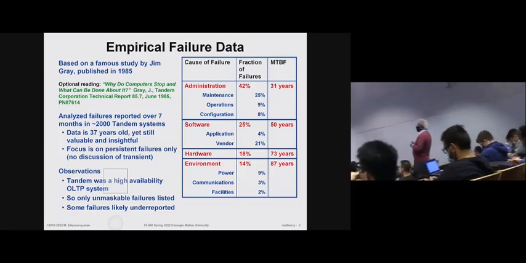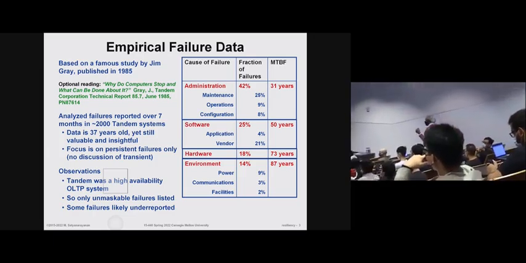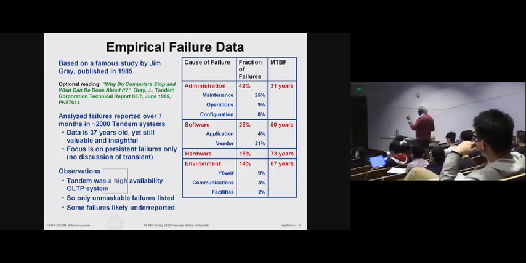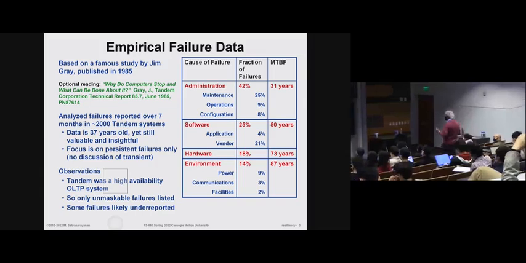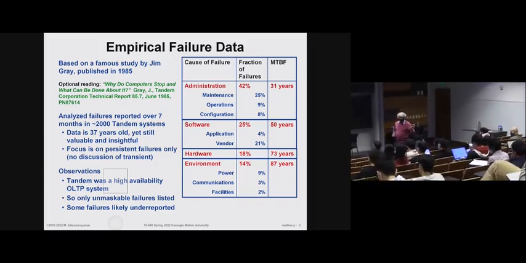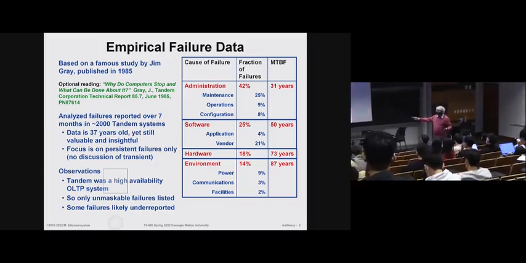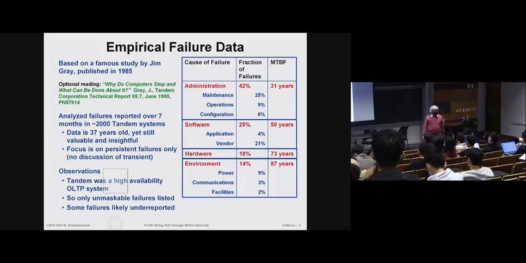So this is quite eye-opening. Between human error in administration and software bugs, which are caused by software developers, that's almost 2/3 of all system failures that are human in origin.